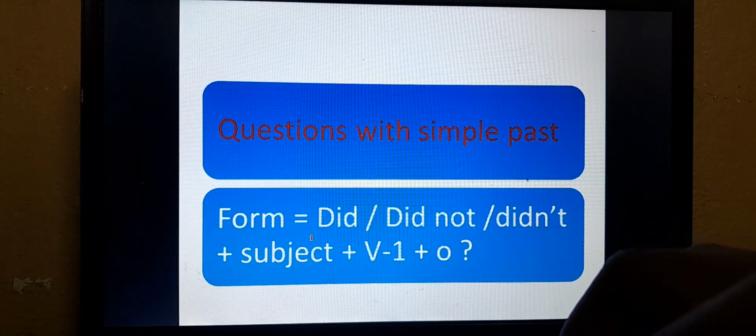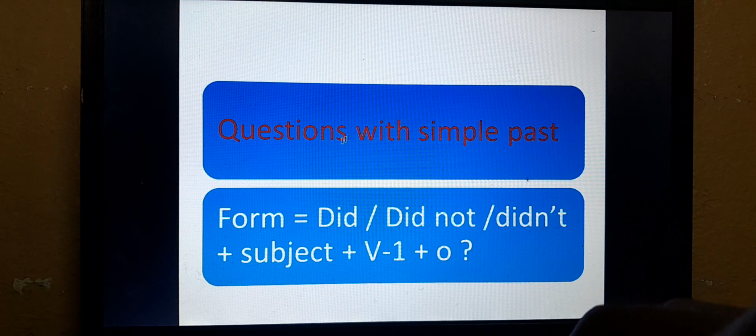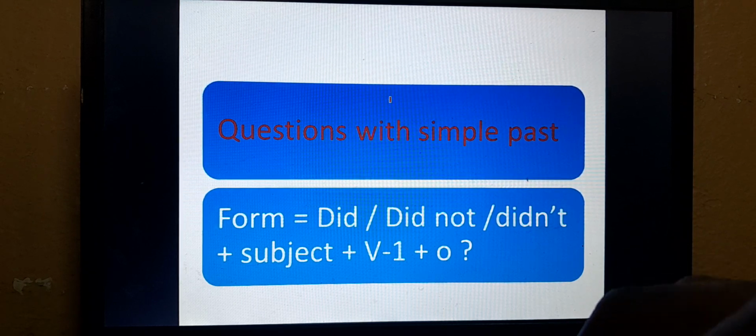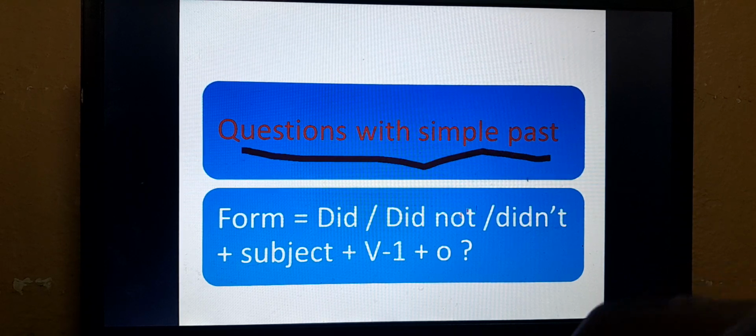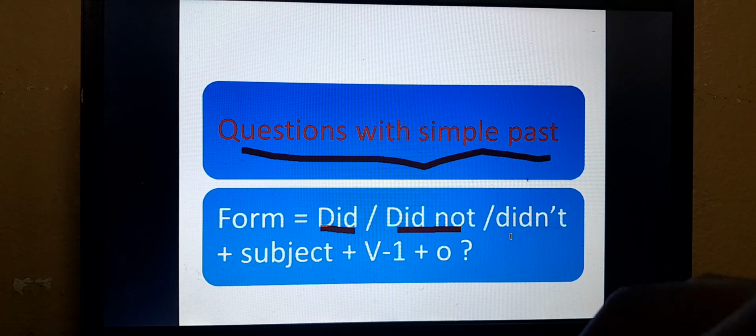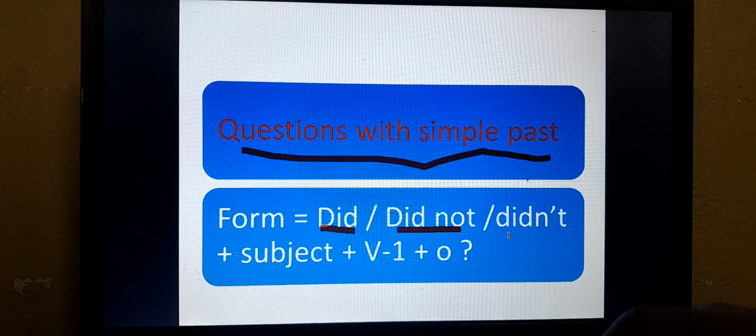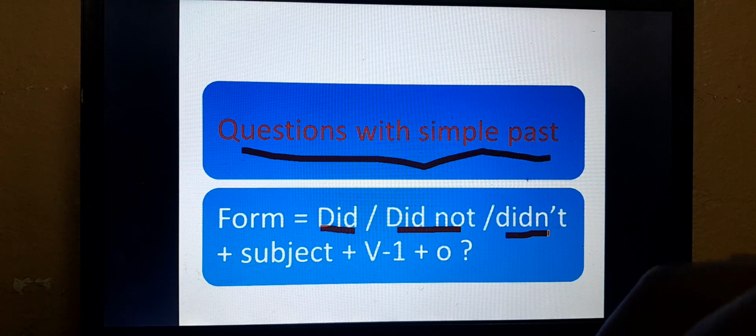How can we form questions using simple past? We have a form: did, or did not if it is negative and full form, didn't if it is negative and contracted.